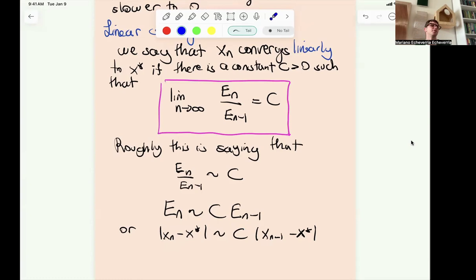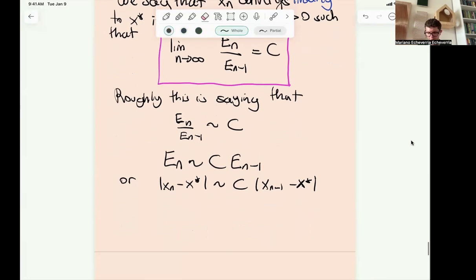So that's a very basic way of converging to zero. In fact, that is the linear convergence for the first sequence that we were working with, because let's do it for the sequence we were working with.